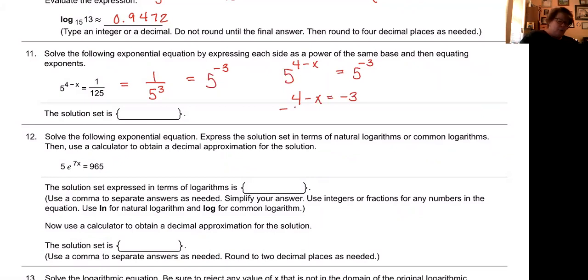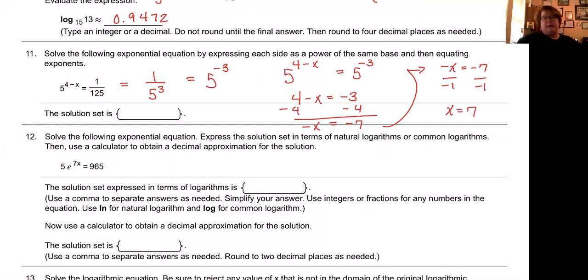Because if I subtract 4 from both sides, on the left-hand side of this equation, I have negative x. And on the right-hand side, I have negative 7. So to solve for x, I need to divide both sides by negative 1. So x equals 7 is my solution. So my solution is the number 7.